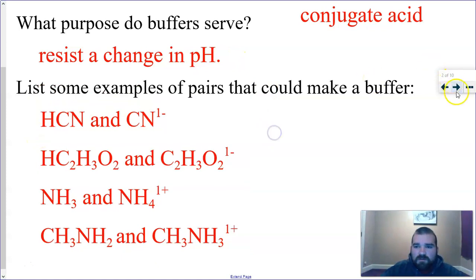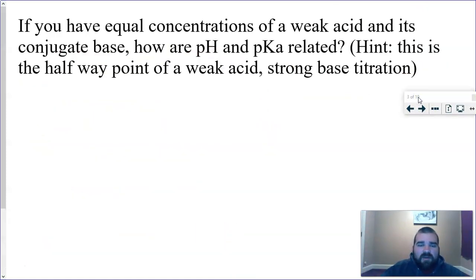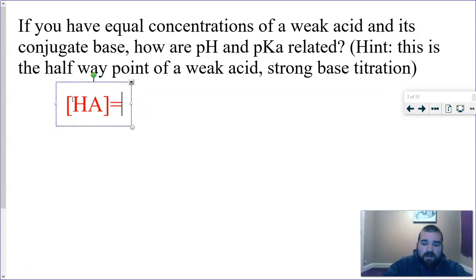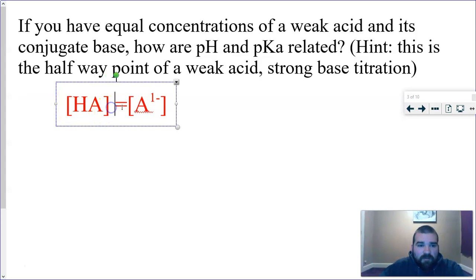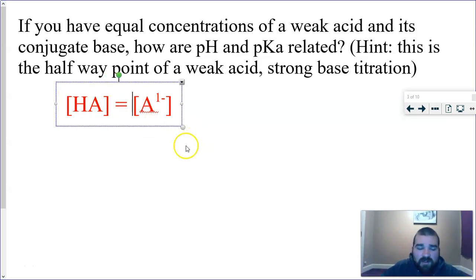All right, so let's go to the next slide. If you have equal concentrations of weak acid and its conjugate, how are the pH and the pKa related? Now, this, as my hint is going to give away entirely, is at the halfway point of a titration. If your weak acid, which we'll just use HA, and its conjugate, A-, are equal to one another, you're at the halfway point of a titration.